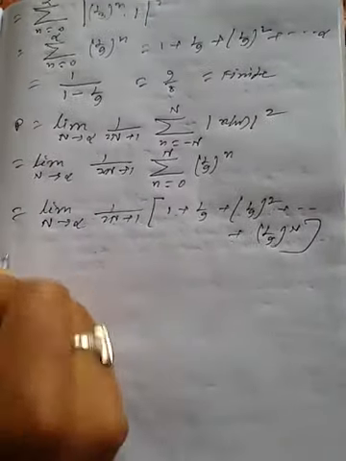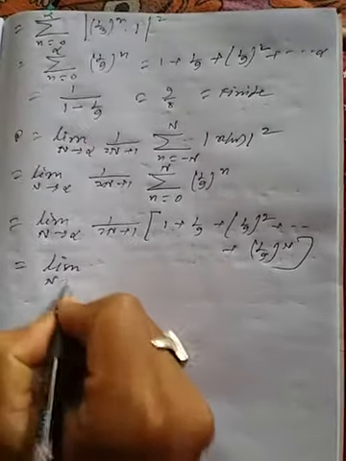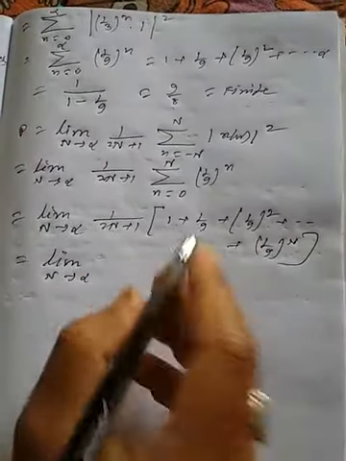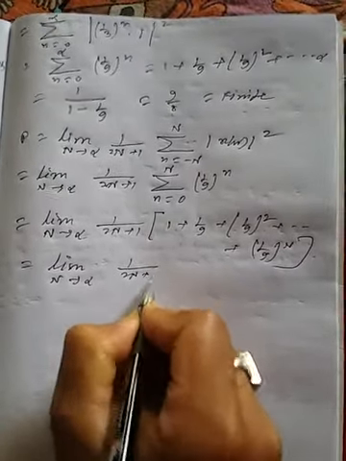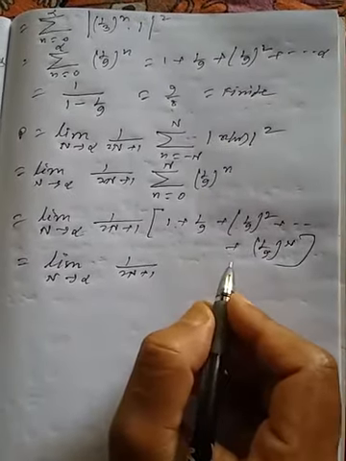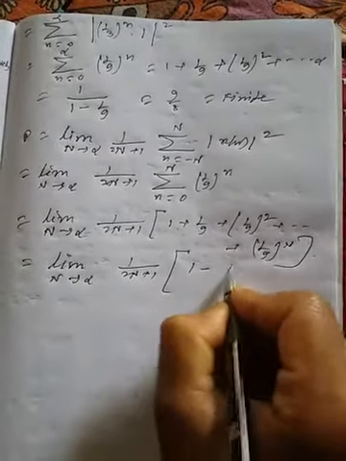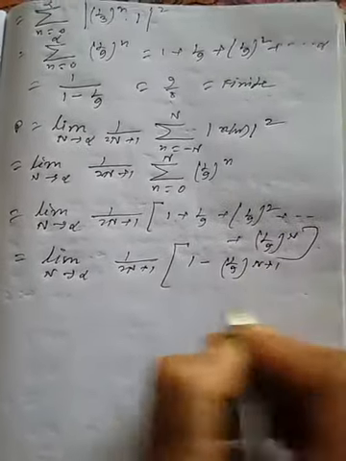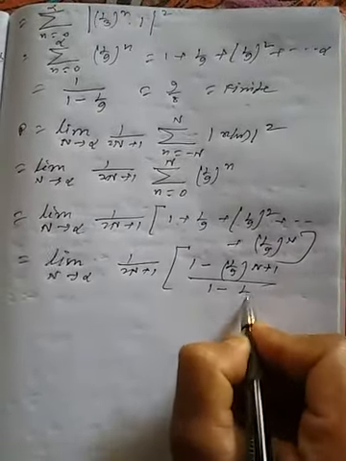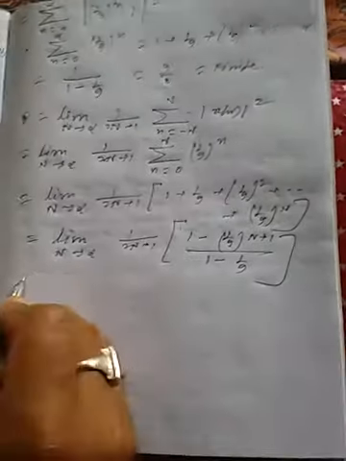If we find the value of this series using the formula, it will be 1 by (2N plus 1), and it has the value (1 minus (1/9)^(N+1)) by (1 minus 1/9).